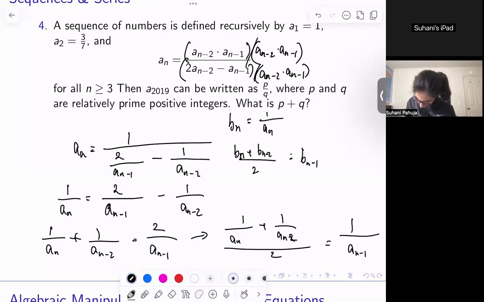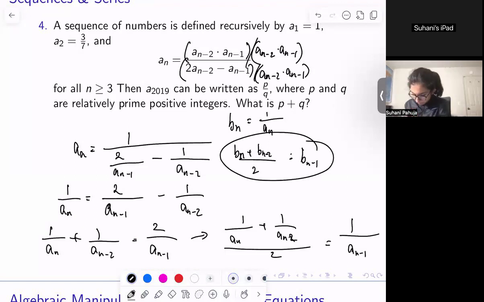which is sufficient to show that the sequence b_n is an arithmetic sequence. Because if we take the arithmetic mean of the two terms that are adjacent to another term, then it should give that term.